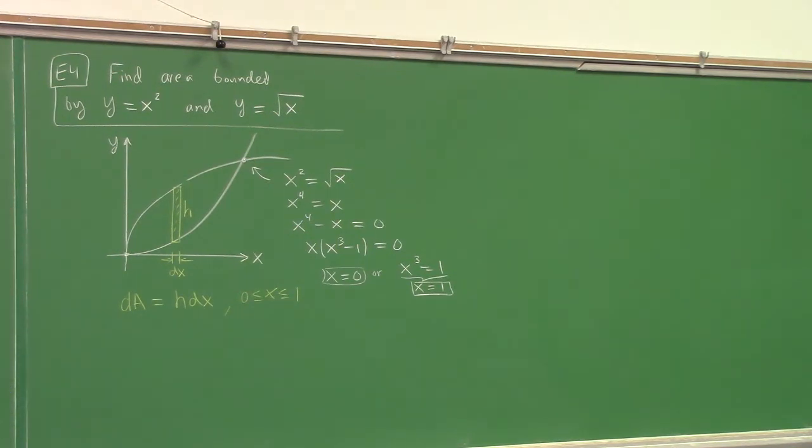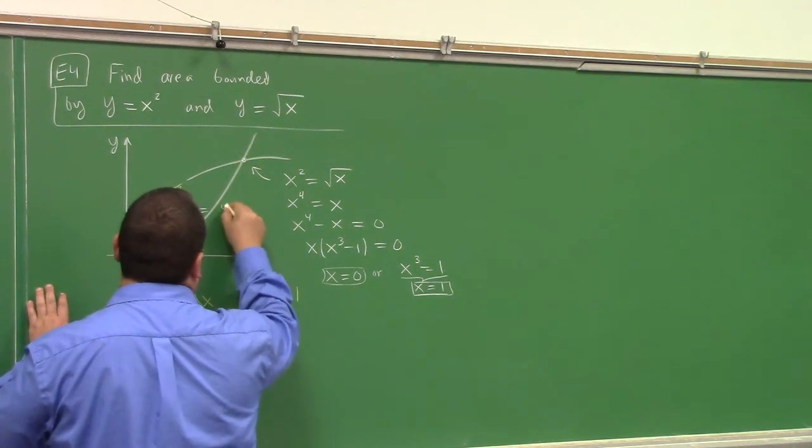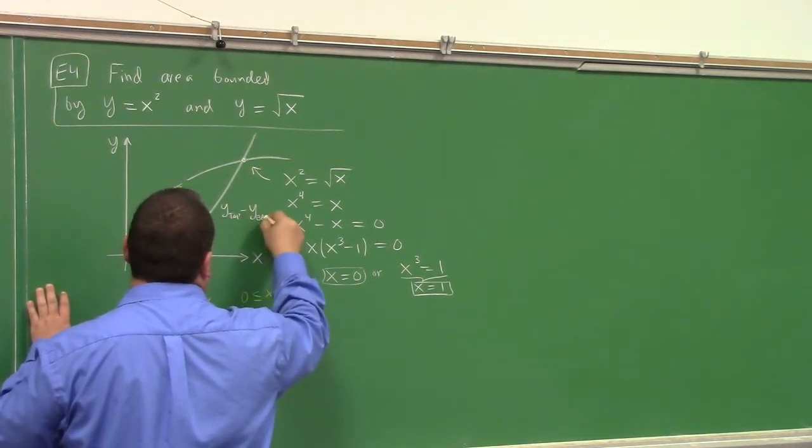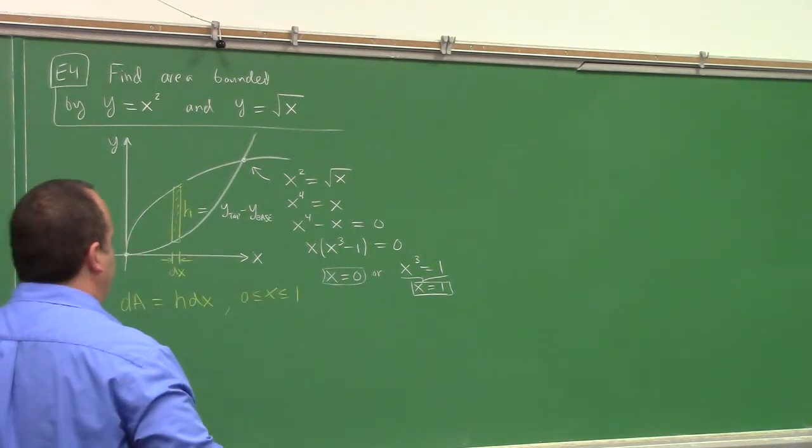And, okay, fine. You're like, well, yeah, I could have seen that without the algebra. I can't argue with that. Maybe you could have. That's fine. What is h? H is y top minus y bottom, right? I'll say base since it's easier right there. So what's the top y?